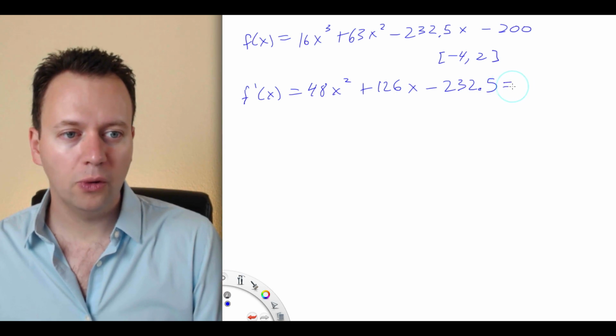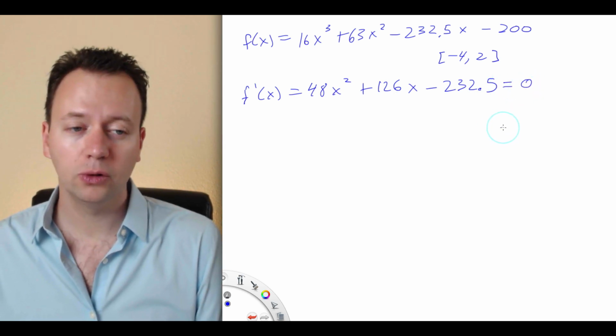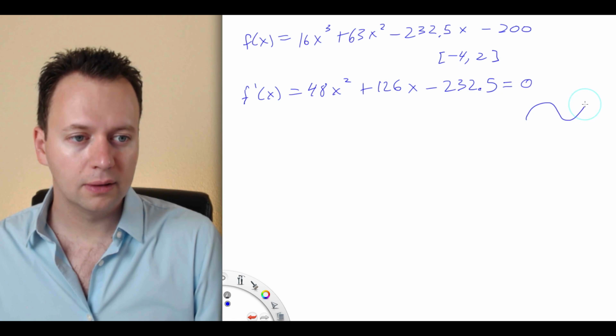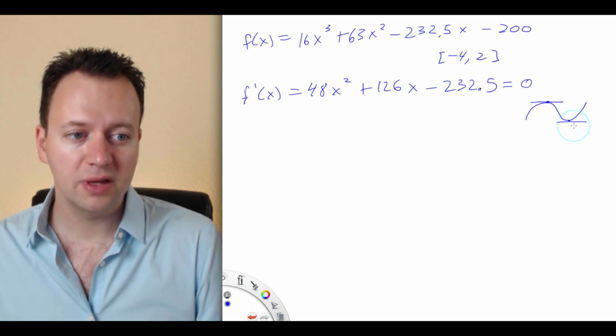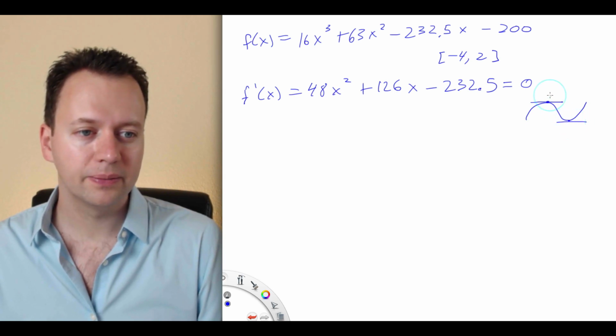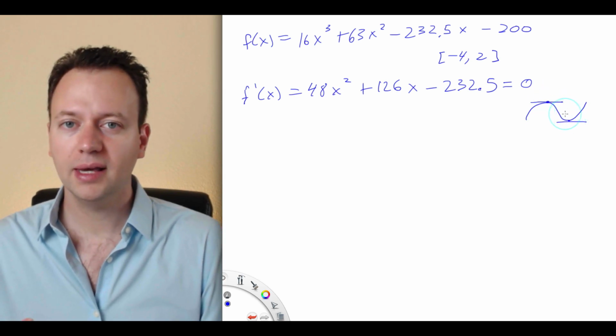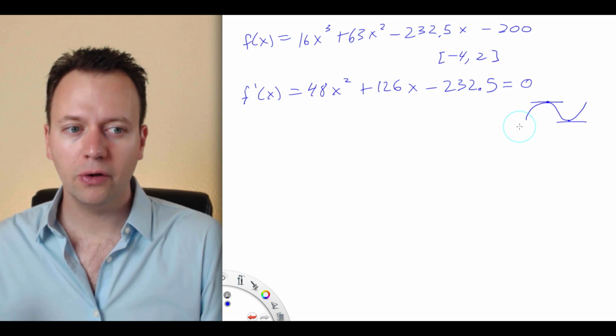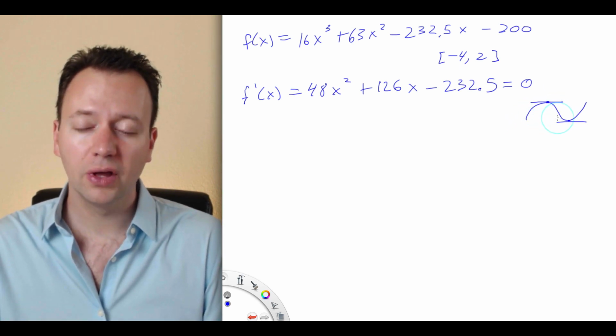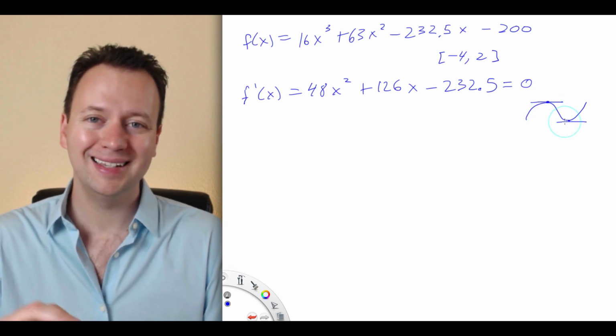And to find the critical points, we set the derivative equal to 0 because we're looking for the points where the function has 0 slope, because those might be the maximum or minimum values. Right? And it makes sense because whenever the derivative goes from positive to negative, the function is going from increasing to decreasing.